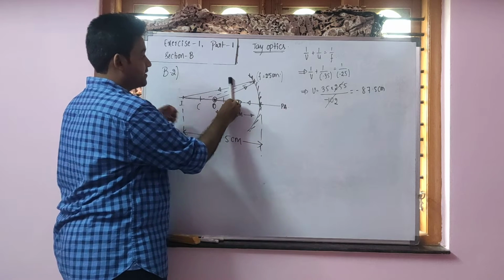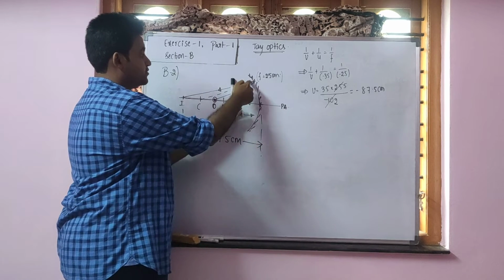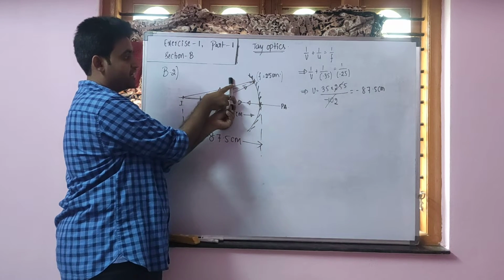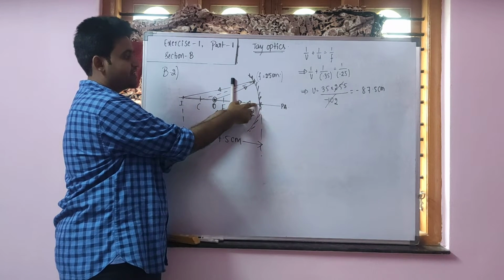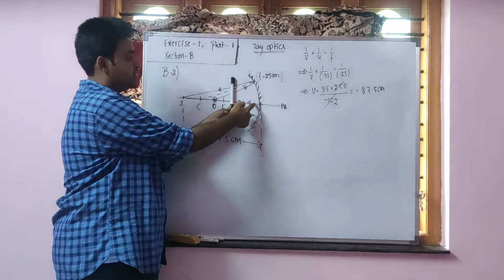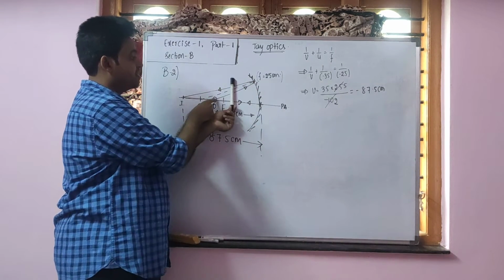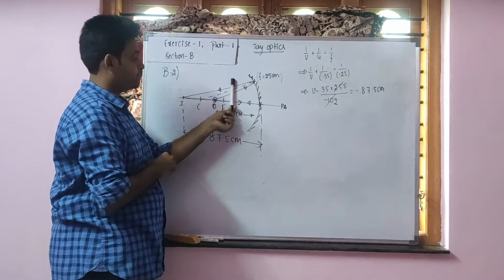If I keep the plane mirror here, these two reflected rays from the spherical mirror will act as incident rays here. They will be reflected and the image will be formed somewhere here. No chance of coincidence with the original source. So this is not the region where I have to keep the mirror.